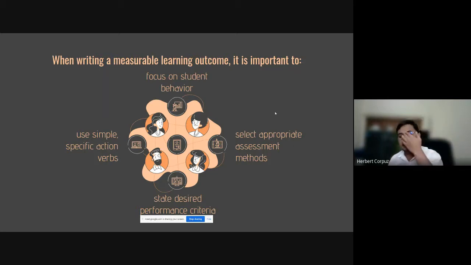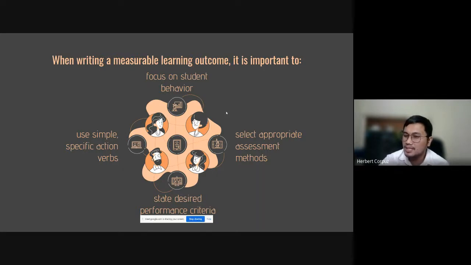to that of the student behavior. And of course, state desired performance criteria. In the 21st century, in outcomes-based education, usually the performance criteria are hidden in the learning outcome statement. For example, in compare and contrast amalgamation from assimilation using a Venn diagram, the performance criteria is hidden.